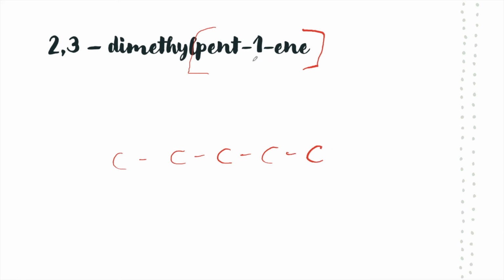And my number in the middle tells me that our double bond is on carbon 1. We have 2 methyl groups, I know this from the prefix di, and they are on carbons 2 and 3.